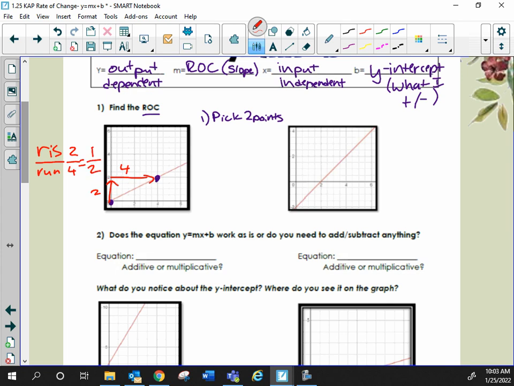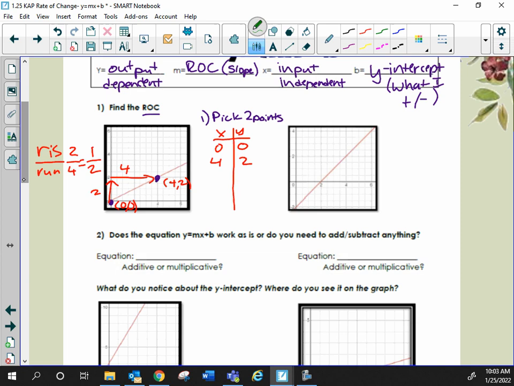I'm going to, of course, check it with the table in case you like tables more. So I'm going to get those ordered pairs. We know that this goes through the origin, so that's (0, 0). This one over here is going to be (4, 2). If I wanted to make my table, x, y, (0, 0), and then (4, 2).